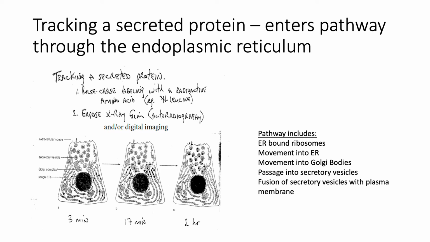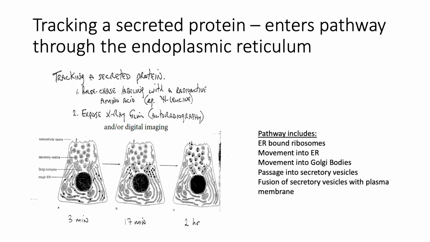Now, the way the experiment is done is by using pulse chase labeling. We talked about pulse chase labeling when we looked at DNA replication and the replication bubbles. Same principle, but here we're looking at protein synthesis. So rather than use a radioactive nucleotide, we use a radioactive amino acid, in this case tritiated leucine, which is radioactive hydrogen and a leucine amino acid.